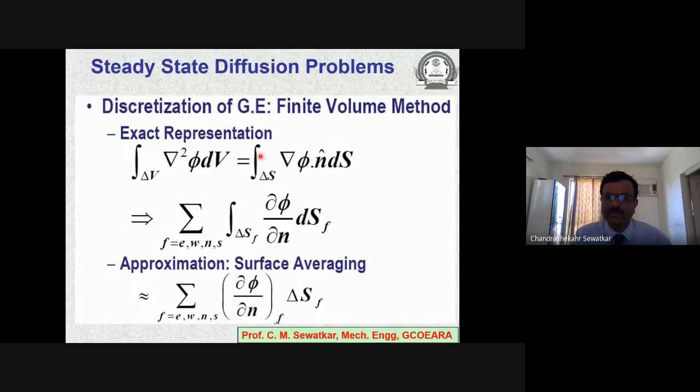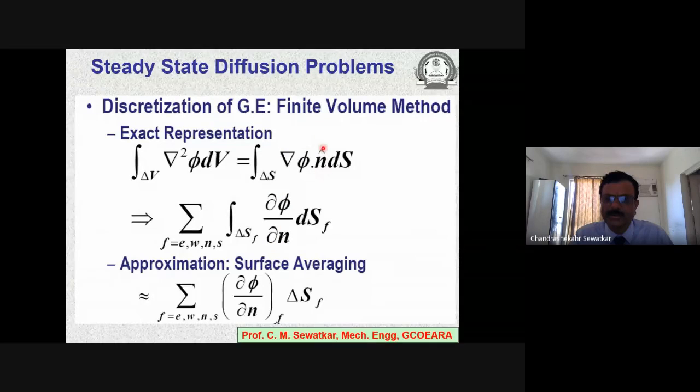So I can divide this integral into 4 terms, one for the east face, another for the west, third for the north, and fourth for the south face, and I can sum those 4 terms together. So summation over the faces east, west, north, south of the integral over delta S_F, where F will be either east, west, north, or south, of del phi by del n. Del phi by del n represents the normal gradient.